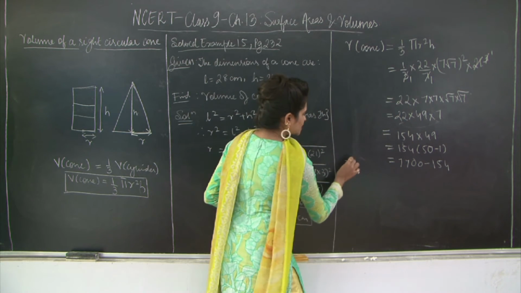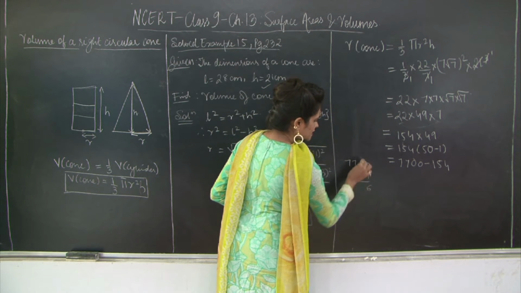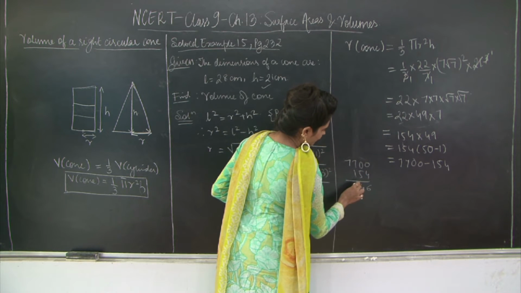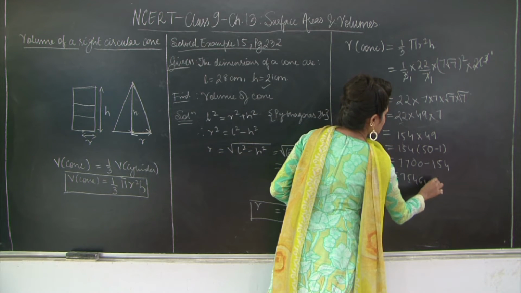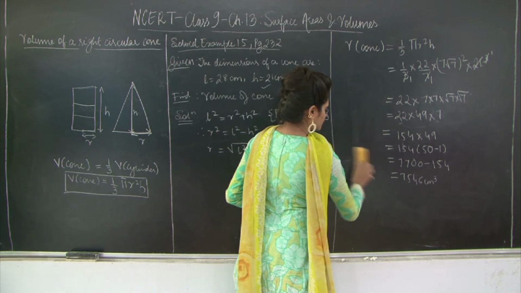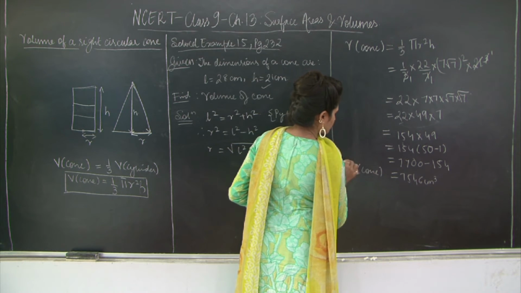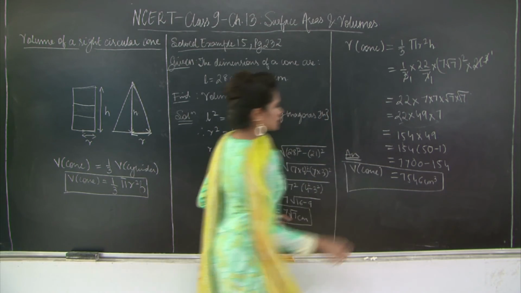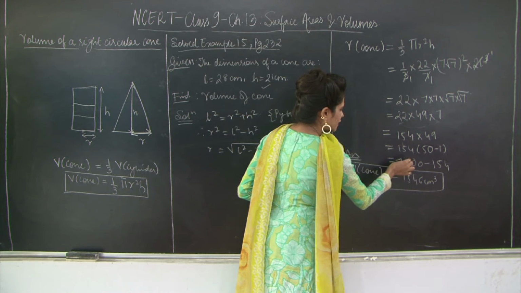Let's check this. 7700 minus 154 leaves me with 7546 centimeters cubed. This is going to be the volume of your cone, and it is also the answer. So please take a look at the solution. Let me just write this 7 a little more clearly.